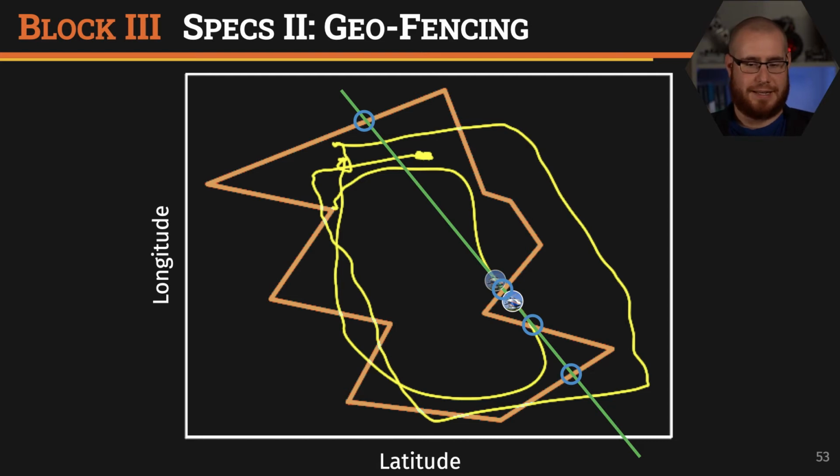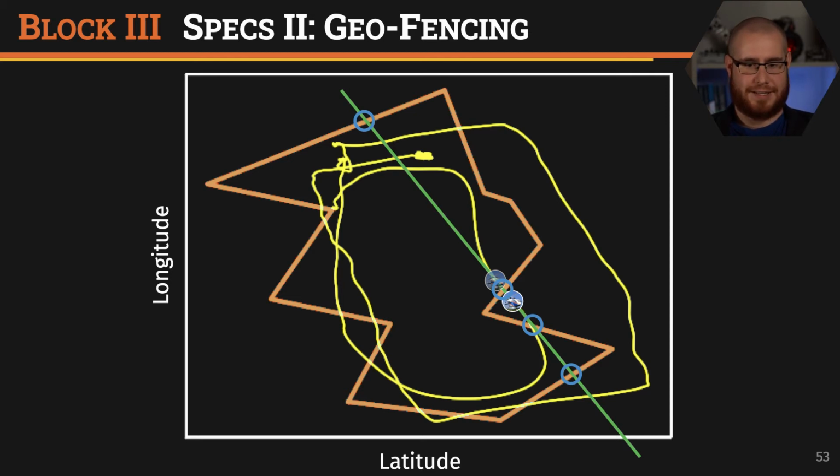The idea is that the aircraft may not leave this orange area. You can see this happens here quite often, and of course during the actual flight the geofence was much larger, but we wanted to see whether the monitor is able to detect these intersections, so we had an artificial geofence.